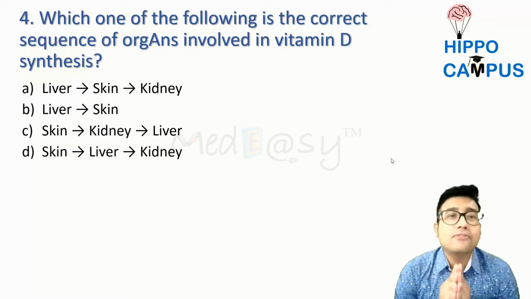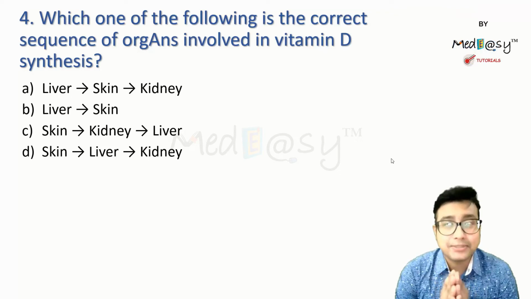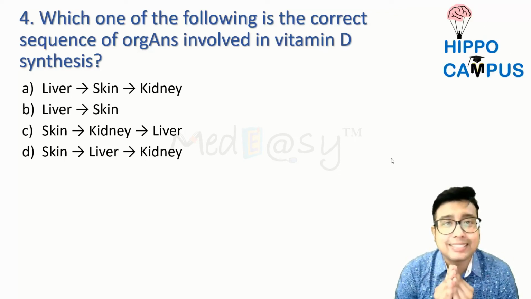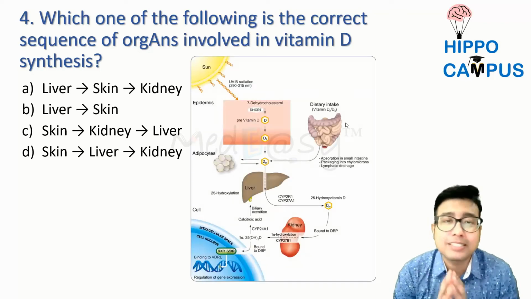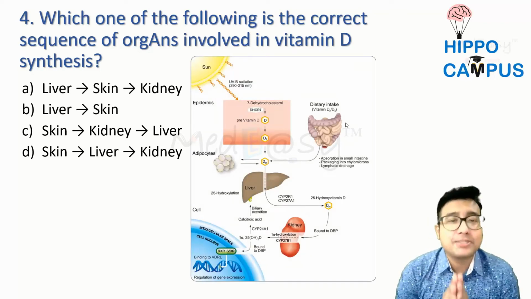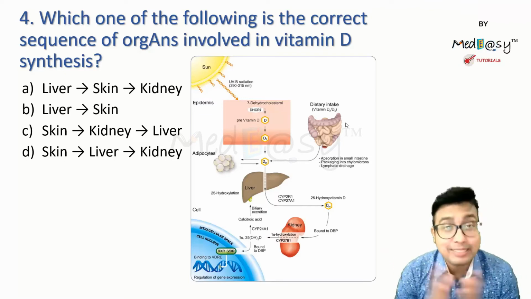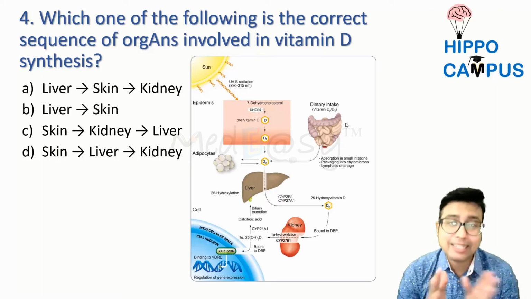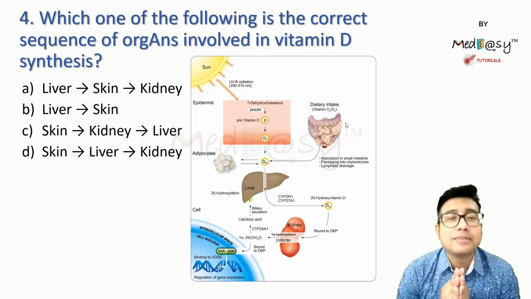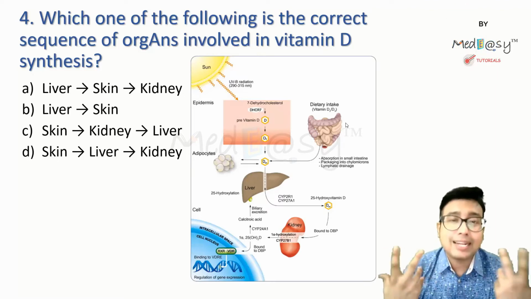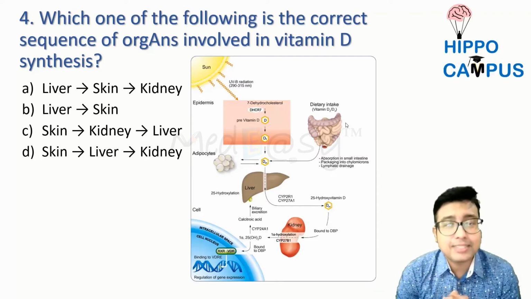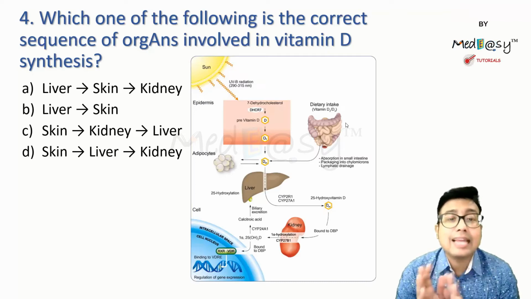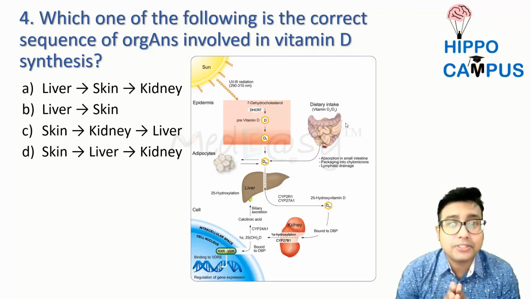Moving on, which of the following is the correct sequence of organs involved in vitamin D synthesis? And I think all of you must have answered it correctly. As you know, vitamins are a very basic chapter and very important for PG MCQs, and specifically in this case, vitamin D starts from the skin under the effect of sunlight, from 7-dehydrocholesterol, to the first oxidation at the 25th position in the liver, and then the final 1-alpha hydroxylation in the kidney.